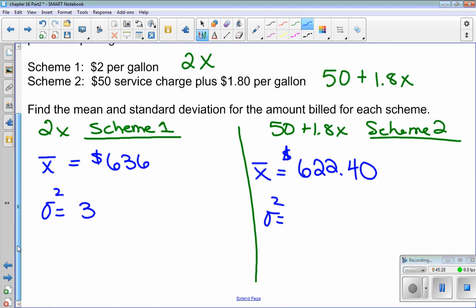It's going to be 2 squared times 1,764. When you're multiplying by a constant, you can multiply the mean by that constant, but you have to multiply the variance by the square of that constant. And what do I get here?